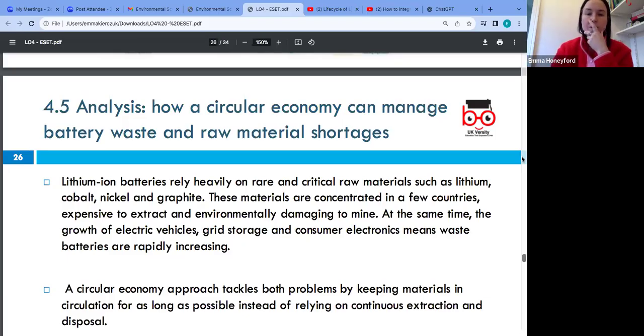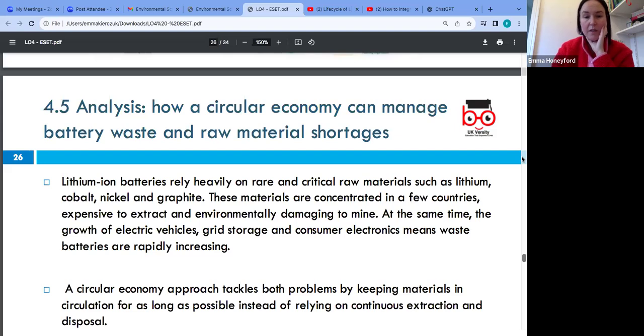We can reuse, and given that a lot of the batteries are hard to extract, lithium batteries rely on rare and critical raw materials such as lithium, cobalt, nickel and graphite. We know there's an impact in different countries of this extraction, so it's just having an awareness of that.